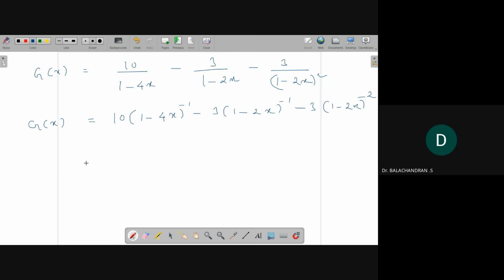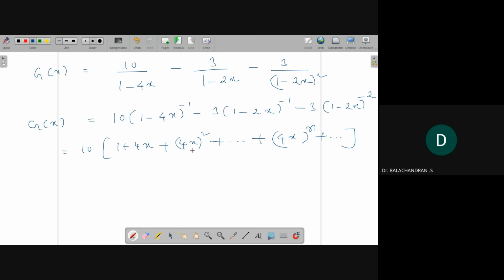Now expansion: 10 into 1 plus 4x plus 4x whole square plus dot dot dot plus 4x whole power n plus dot dot dot.